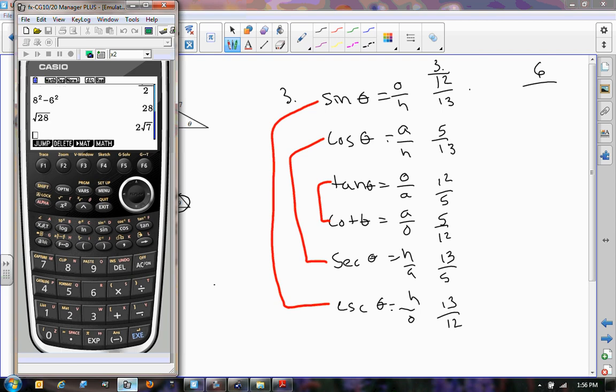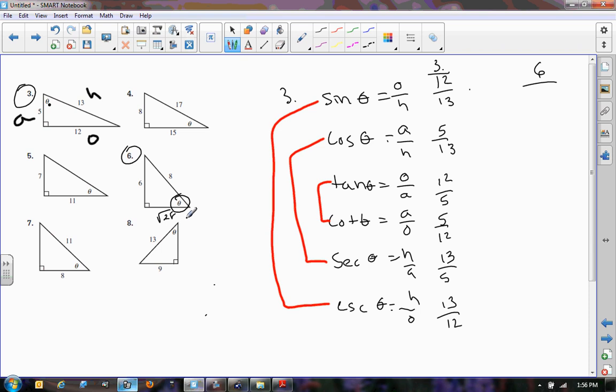Remember your Pythagorean theorem. 2 square roots of 7. Leave square roots in the denominator. Don't even simplify them. Leave it as square root of 28. We'll worry about simplifying stuff later.